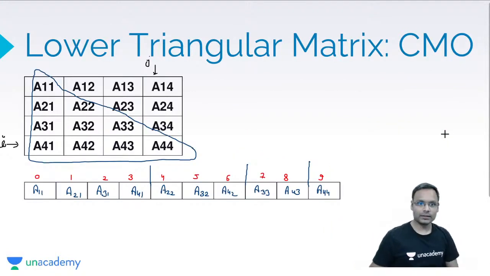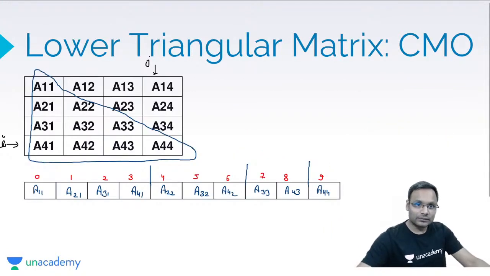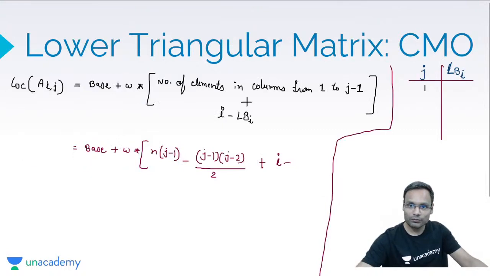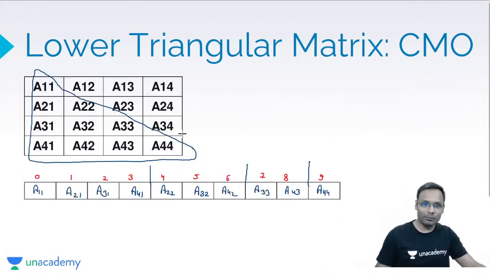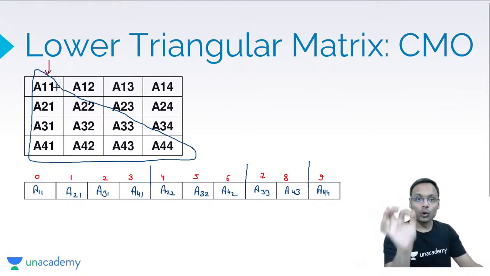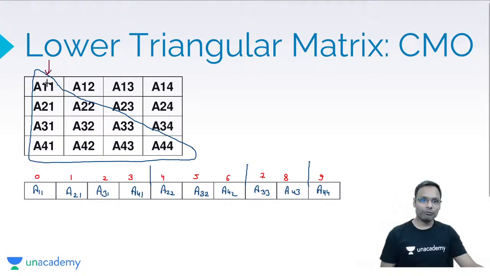Look at this. If I am asking this one, when j is equal to 1, so we can have 4 columns, column number 1, 2, 3 and 4. Okay, let's see column number 1. Can you tell me which row element is the first one? Which row is included as the first element?